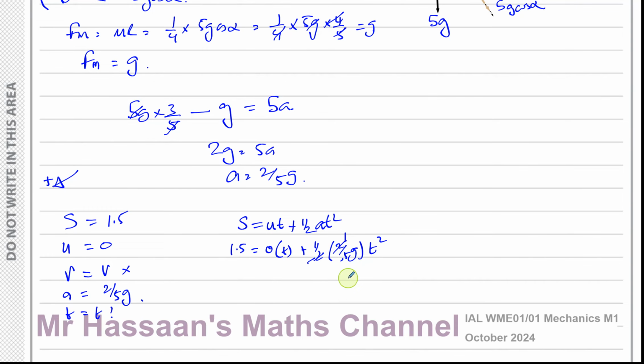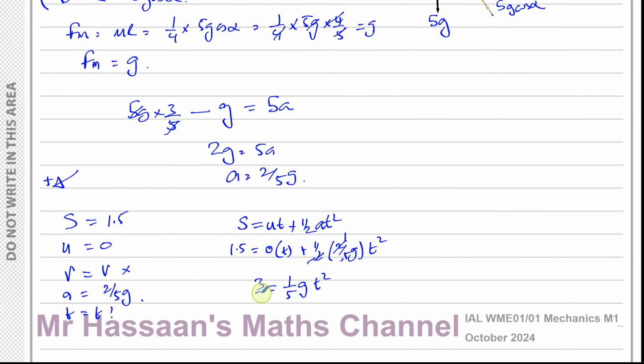So we have now 1.5 is equal to 1/5 of g T squared. So 1.5 is the same as 3/2. So let me write it as a fraction to make life slightly less complicated.